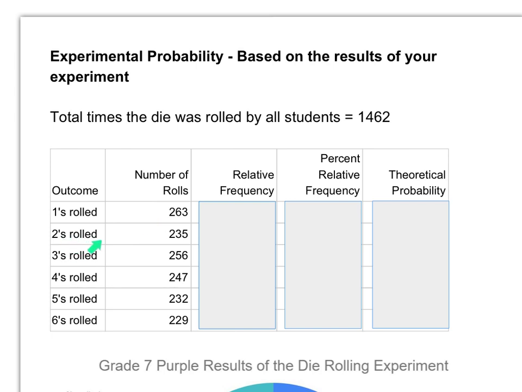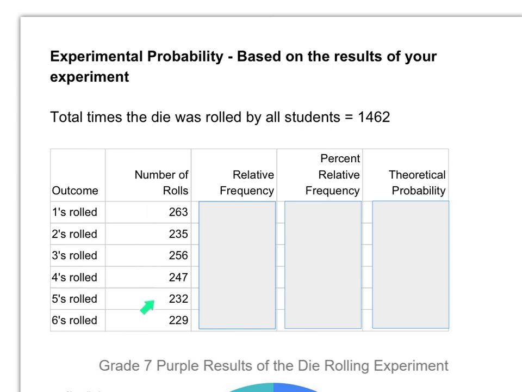The number of 2s that were rolled was 235. The number of 3s was 256. The number of 4s rolled was 247. The number of 5s rolled was 232. And the number of 6s rolled was 229.